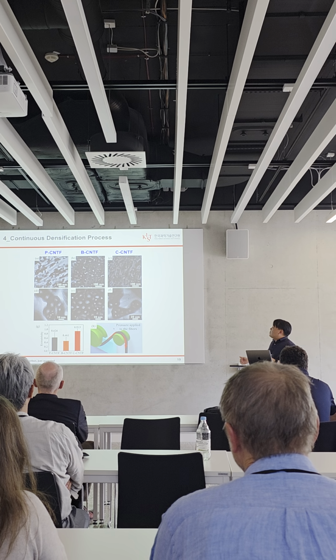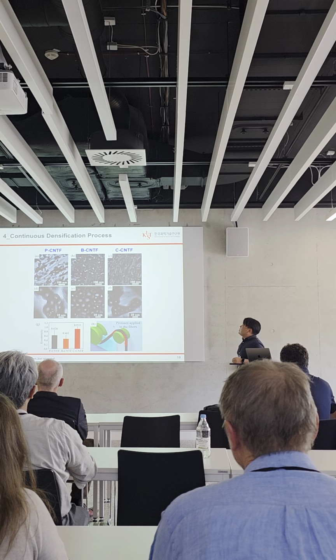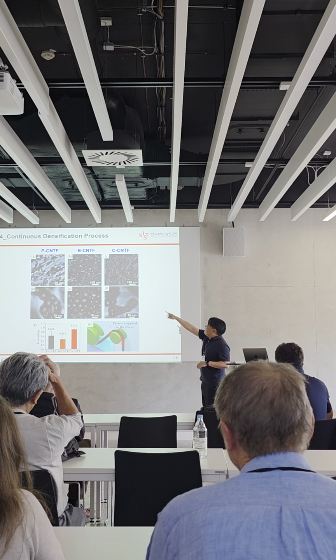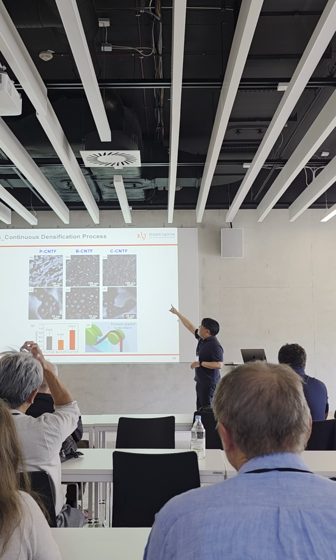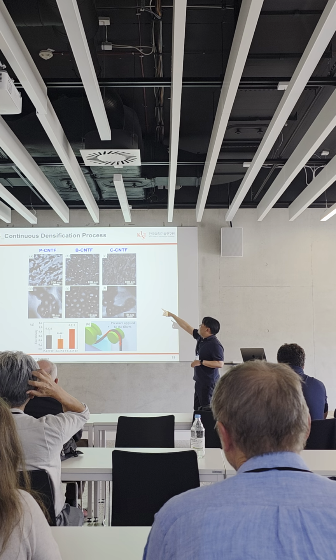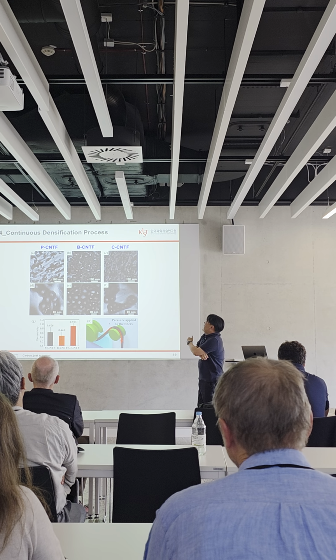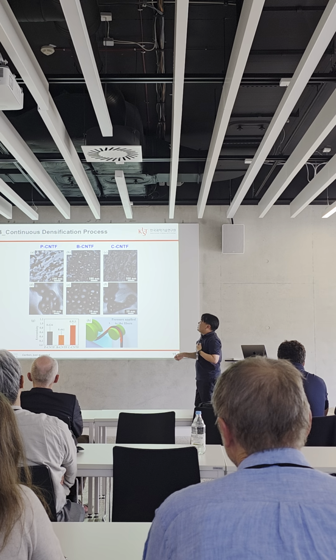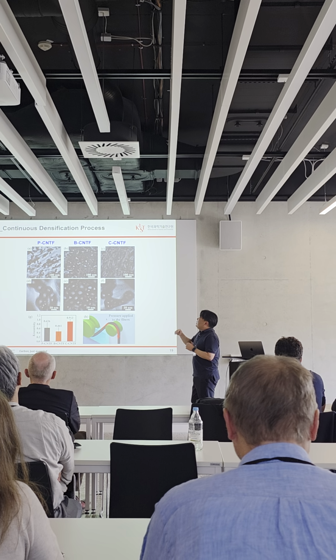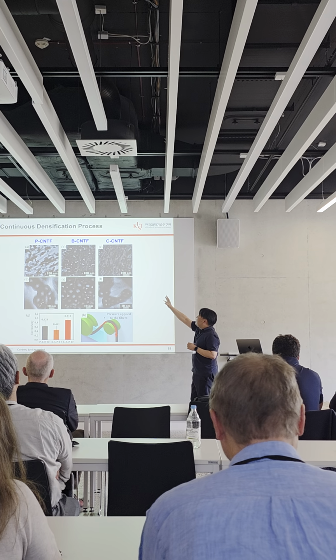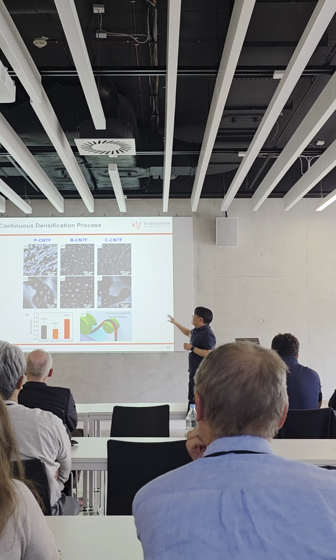So we also took some cross-sectional TEM images. In the top row, the batch process CNT fiber shows a lot of CNT cross-sections, which means it's better aligned compared to the other samples.